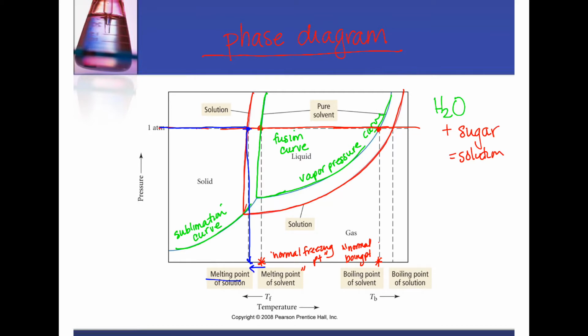And if we continue across to the vapor pressure curve and come down, you can see that the boiling point got higher. And so the overall effect is that when we make a solution, the boiling point goes up and the freezing point goes down. We call that elevation and depression.